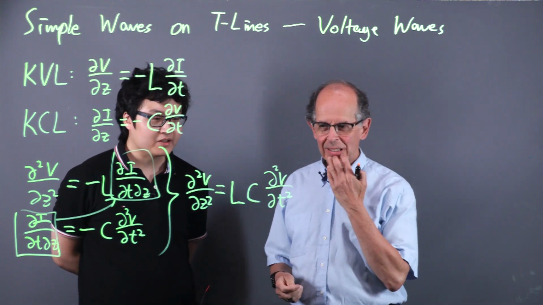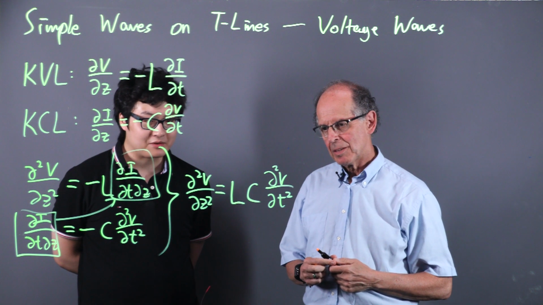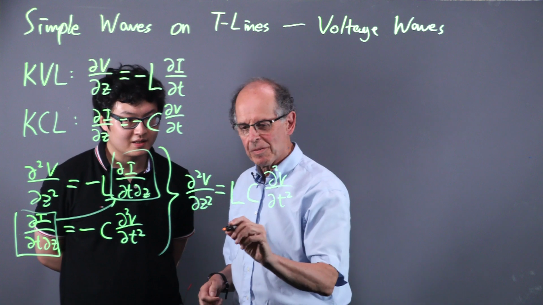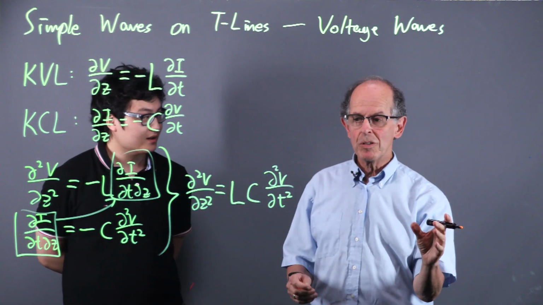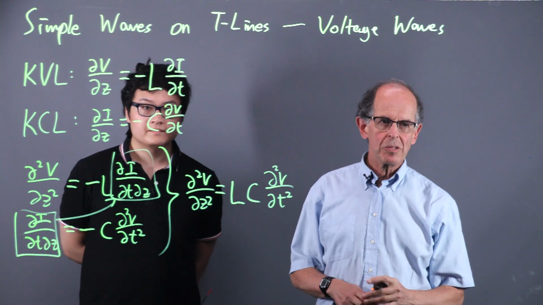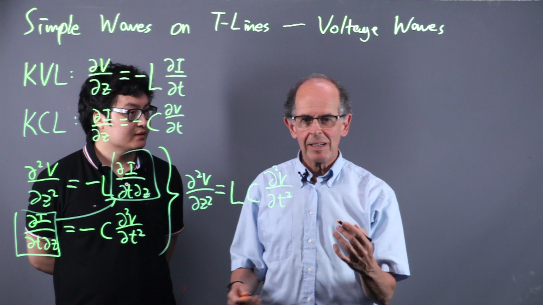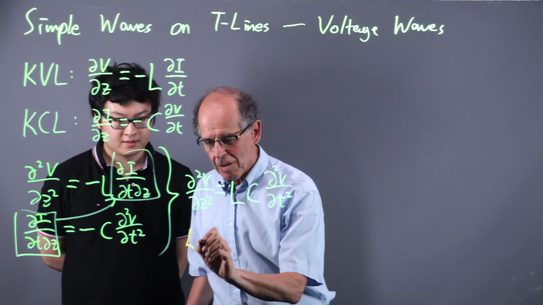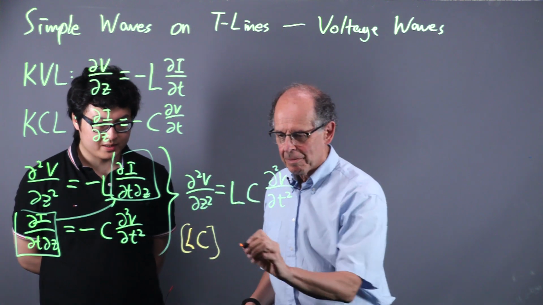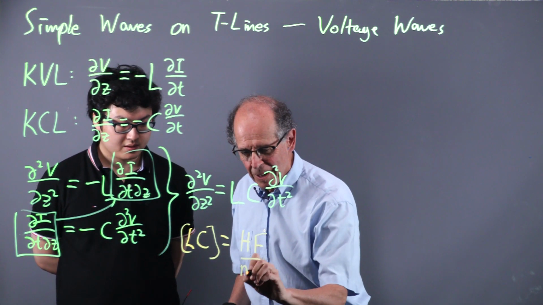This looks oddly familiar to some of the previous equations we've seen, right? But we need to find out about LC. So what are the units of LC? Because if we have the units right, this completely connects with the previous videos describing the wave equation. So let's see if we can get a wave speed out of this. L is Henry per meter, C is farads per meter. So Henry farads per meter squared.